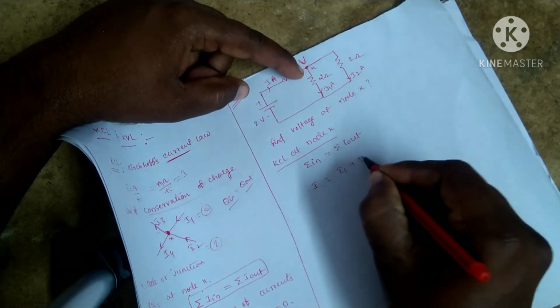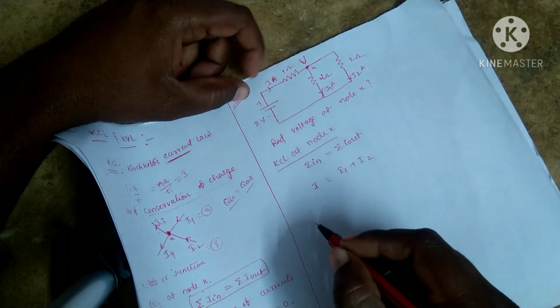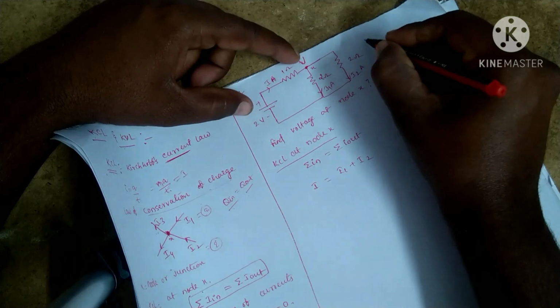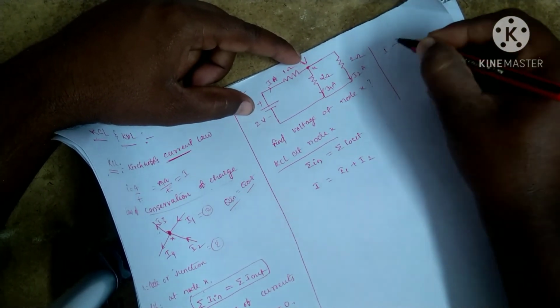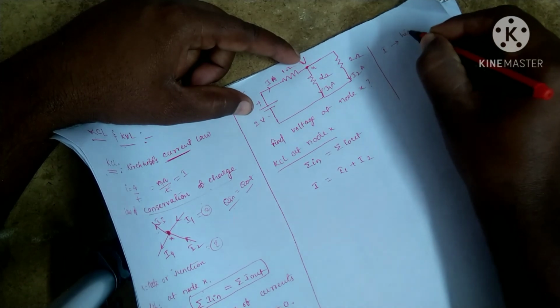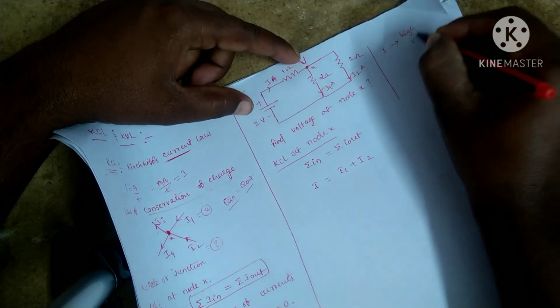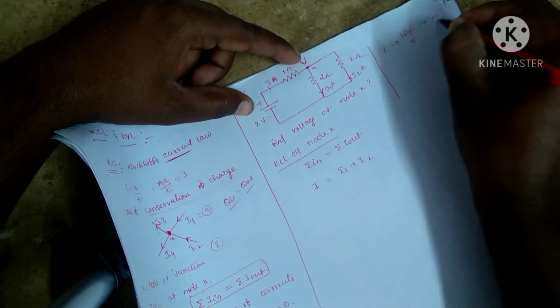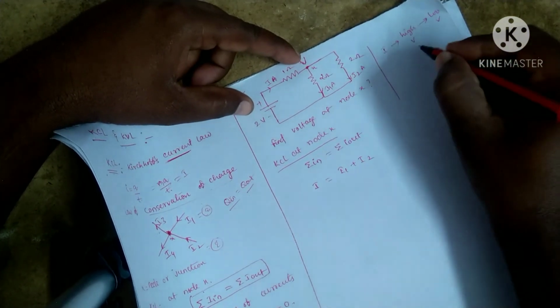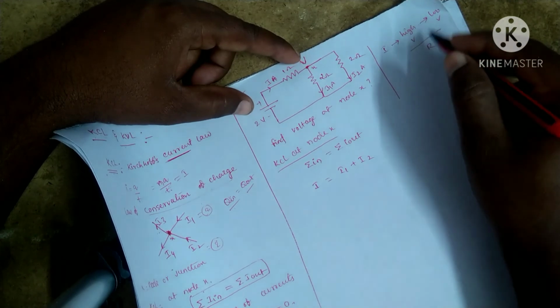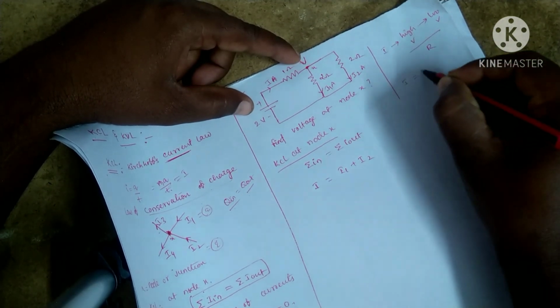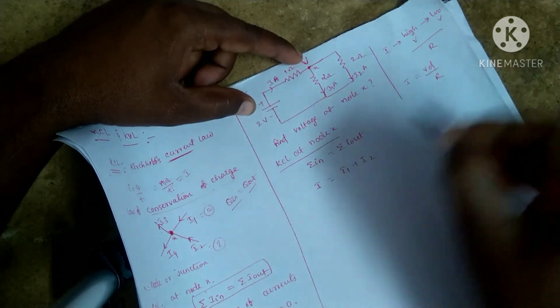So I1 plus I2. And you already know the basics of current. Current always flows from high voltage to low voltage, divided by resistance. This is called voltage difference by resistance. Always, I is nothing but voltage difference by resistance.